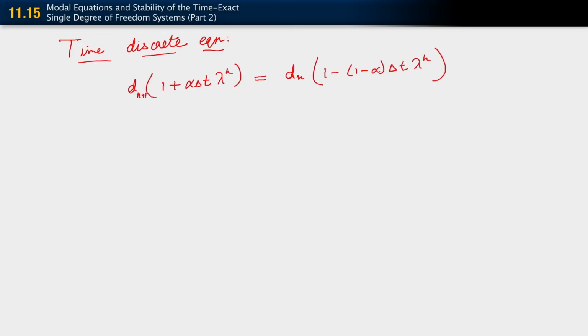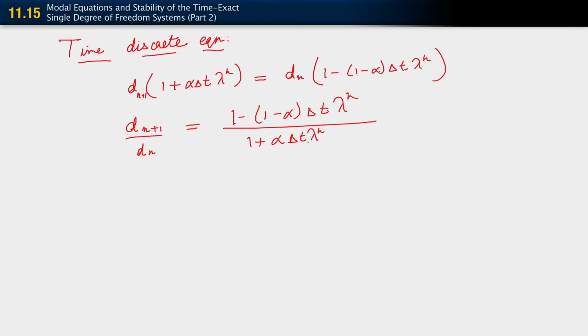Now let's try to form that same ratio that we'd formed in the case of the time exact problem. So the equivalent ratio to form here is d^(n+1) divided by d^n, and this, as we see, is equal to (1 minus alpha delta t lambda^h) divided by (1 plus alpha delta t lambda^h).